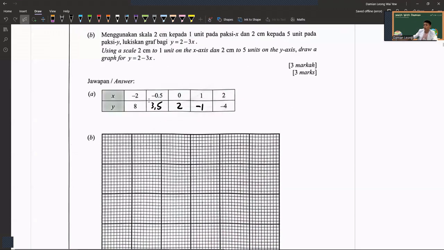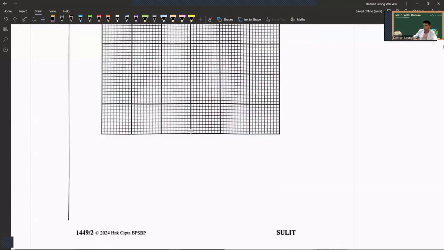So based on these values, I want to draw a graph for y equals 2 minus 3x. So 2 cm to 1 unit on the x-axis, each box 1 unit. 2 cm to 5 units on the y-axis, each box 5 units. So it goes from negative 2 to 2: negative 2, negative 1, 0, 1, 2. So y-axis in the middle here.